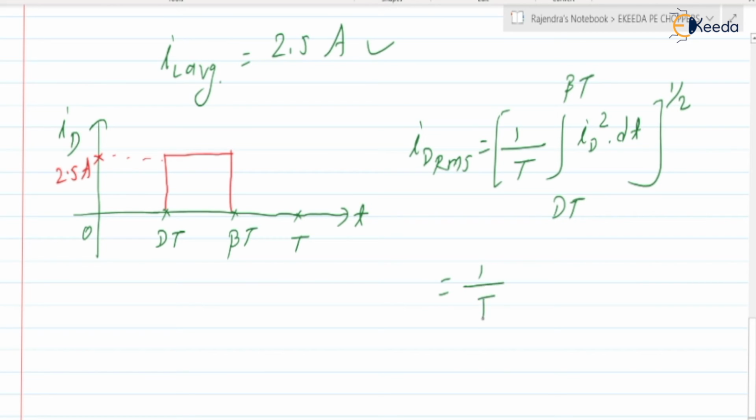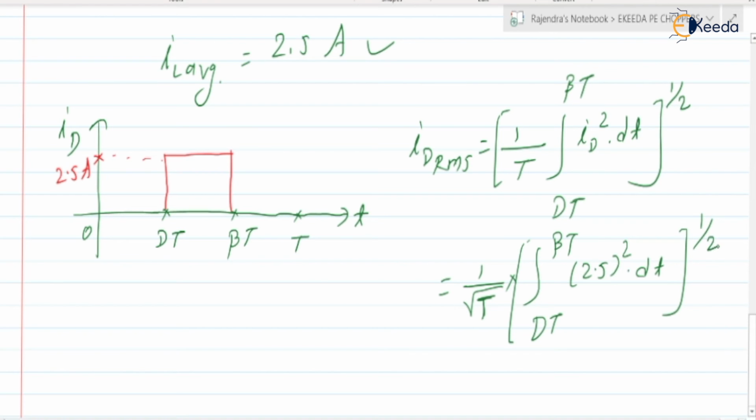Taking this 2 outside, it is 1 by root t into integration from dt to beta t. What is ID? It is 2.5. So it is 2.5 square dt to the power 1 by 2.